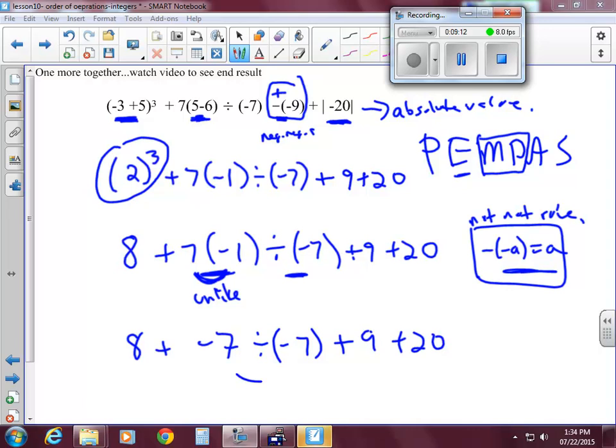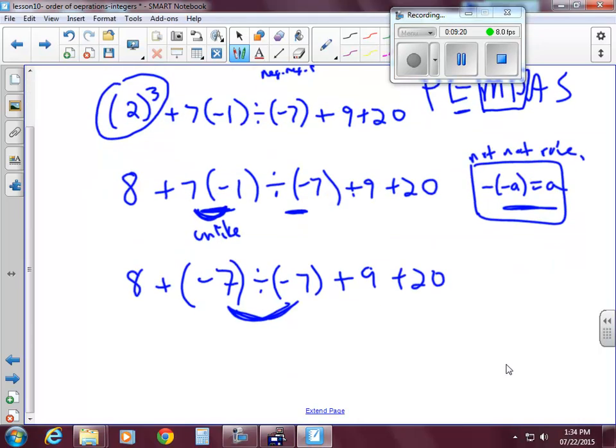Now we have to take care of that division next. So, you know, a negative divided by a negative, those are like signs. It's going to return a positive. Negative divided by a negative is positive. So negative 7 divided by negative 7 is positive 1. So now we have 8 plus 1 plus 9 plus 20.